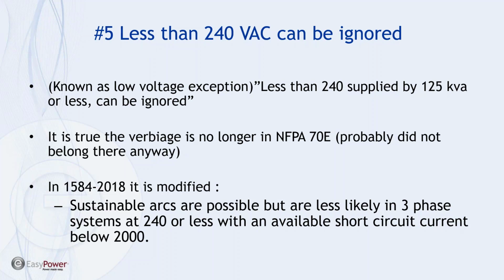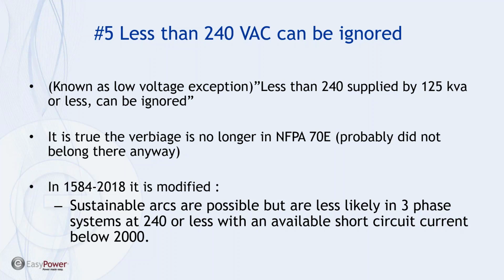Turns out the verbiage was part of NFPA 70E and it's been removed, but that's not directing the calculations. In 1584, the 2002 version, the exception is still there. In what appears to be the release coming up, the 2018 version, the low voltage exception is still there, but it's been modified.